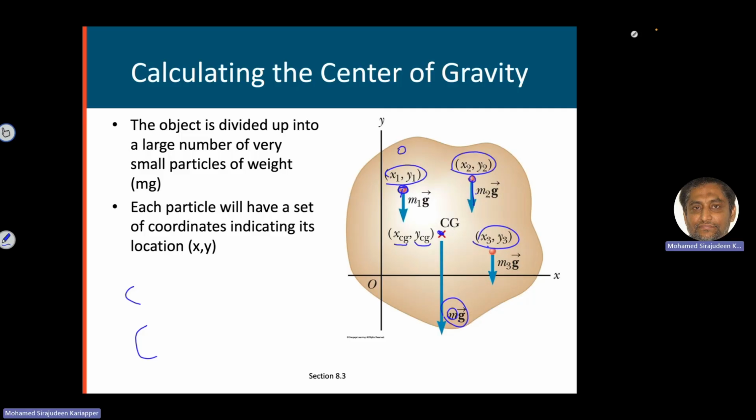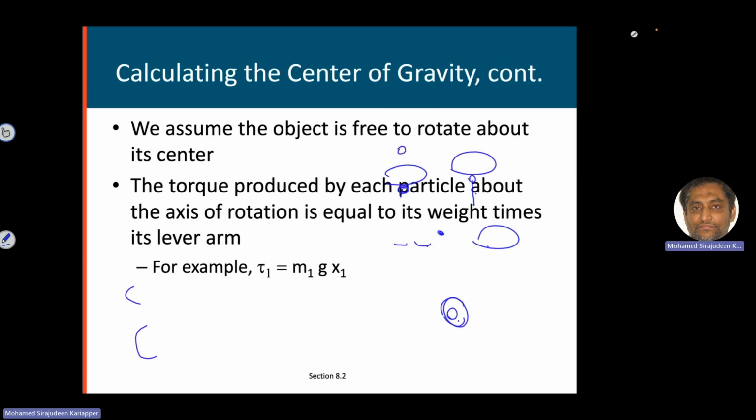Then we will say the turning effect from individual forces, added together, is equal to the turning effect that comes from the total weight when it is acting at the center of gravity point. So this is the equation that we will use to find the center of gravity coordinate. We can take the torque from each one of them.